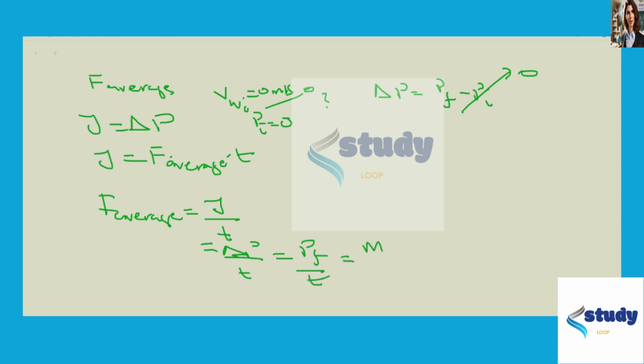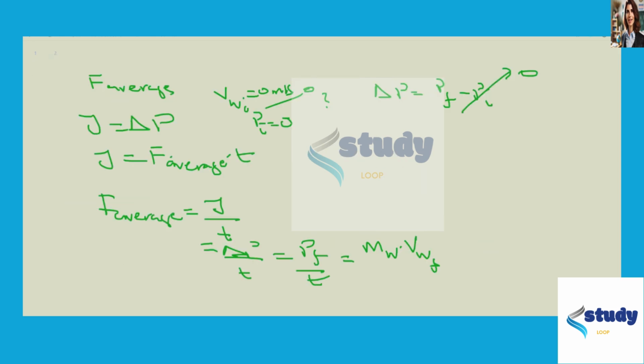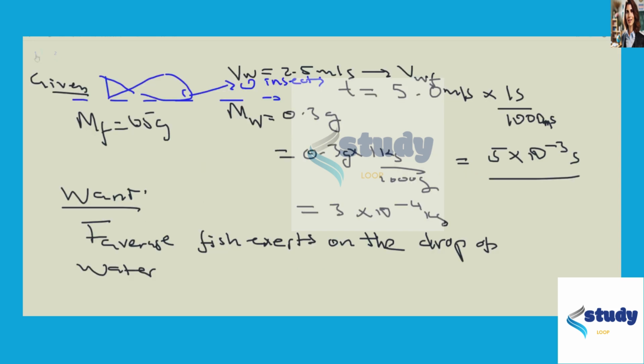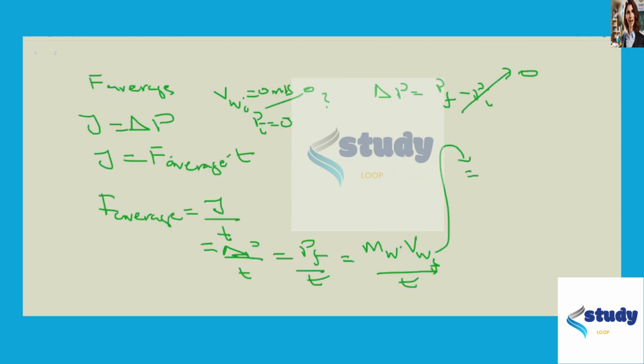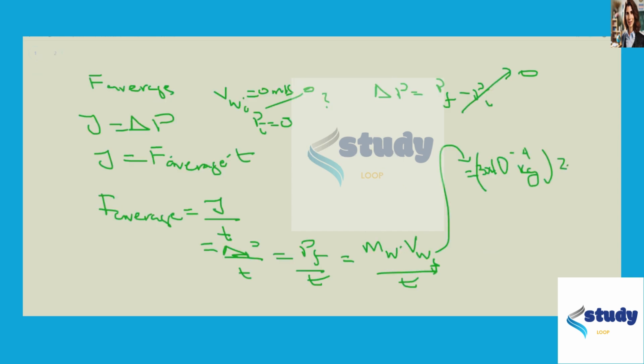The final momentum is the mass of the water times the velocity of the water, or you can call it the final velocity of the water. It doesn't change much. And then we plug in the numbers. The mass is 3 times 10 to the negative 4 kilograms. We multiply that by the final velocity of the water, which is 2.5 meters per second.